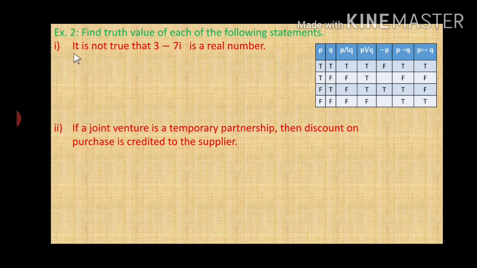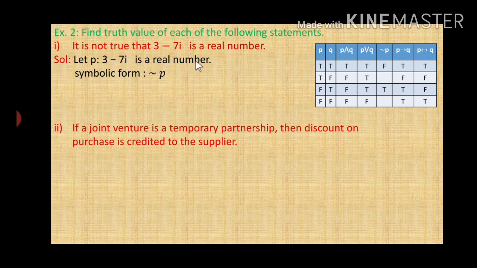Let's see. See the first statement. It is not true that 3 minus 7i is a real number. Now over here what we have to do is, let P be 3 minus 7i is a real number. And then the symbolic form of this given statement is negation P. Till here it is very simple. Now we have to first consider the truth value of P. What is P? 3 minus 7i is a real number.